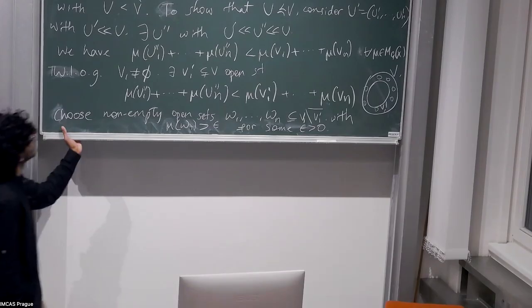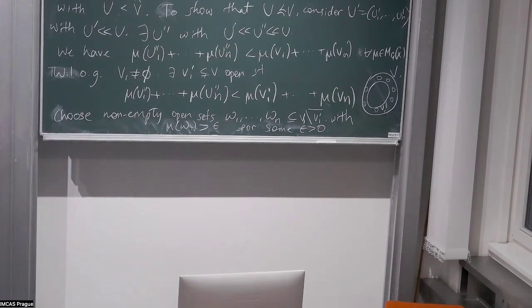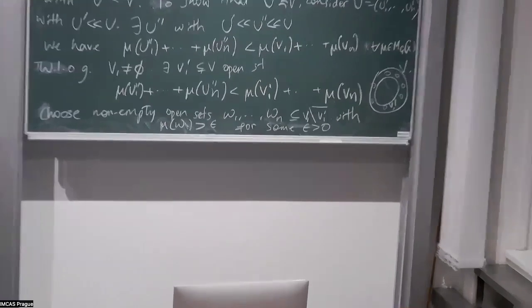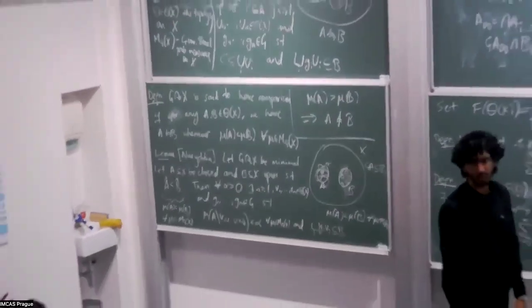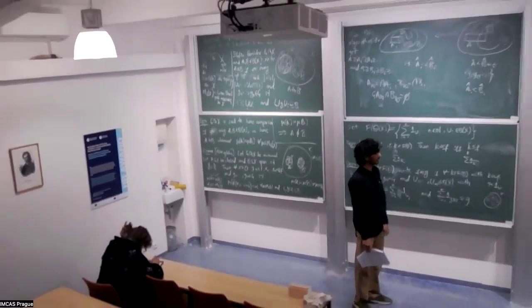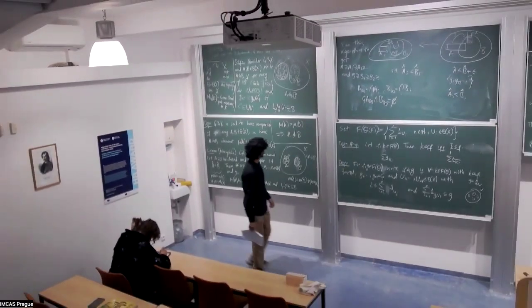Now I want to apply Navish-Kin's lemma to the data there. What I'll basically do is move most of these UI double primes inside these WIs. And these will have measures smaller than epsilon, right? And the rest I can cover.